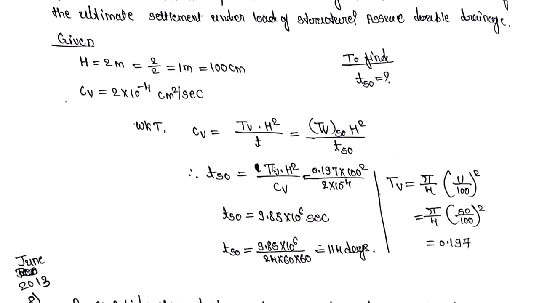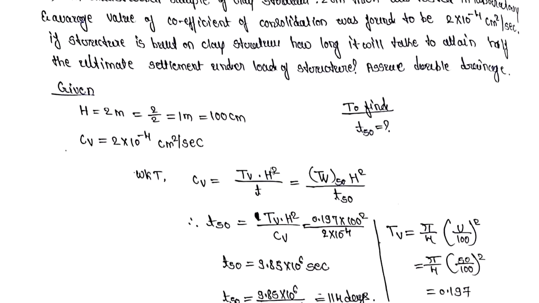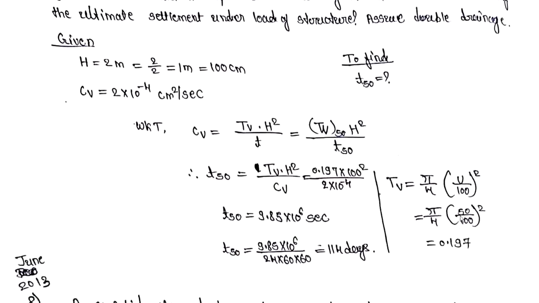For 50% consolidation, we need to find out Tv. So Tv is equal to pi by 4 into U divided by 100, whole square. U is the degree of consolidation, that is 50%. So 50 divided by 100 whole square into pi by 4 is going to give us the value for Tv. This value for Tv we are going to substitute over here.